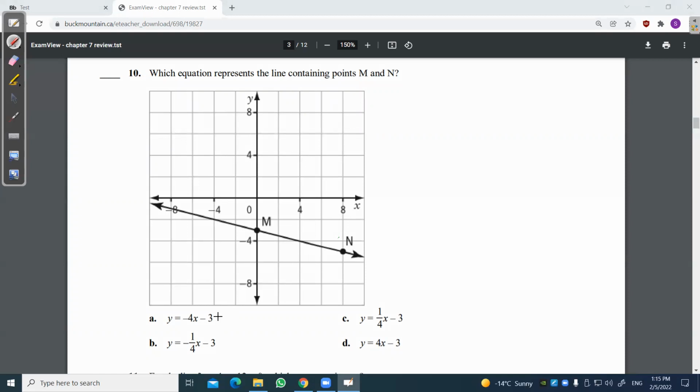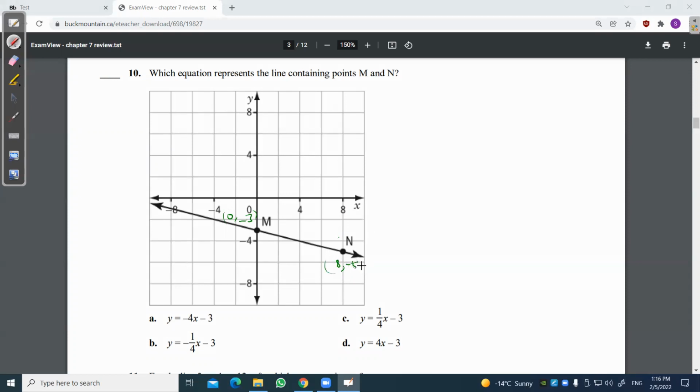It's 0, minus 3. What's the coordinate of this? This is 8, comma, what's the y value here for that point n? It's minus 5, right?